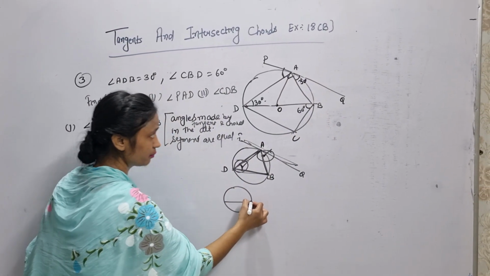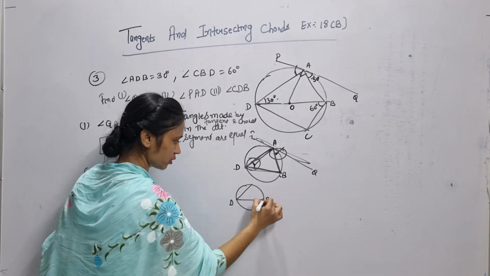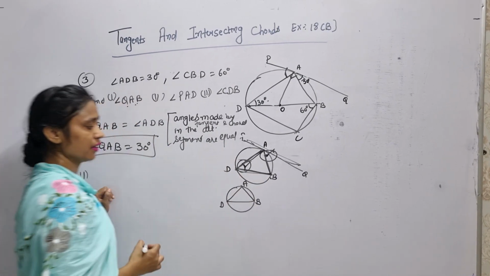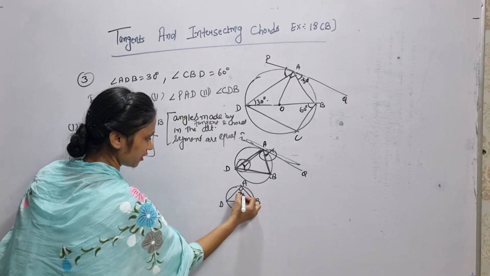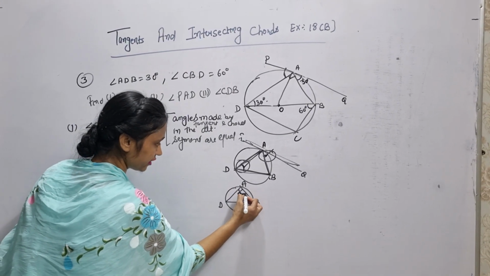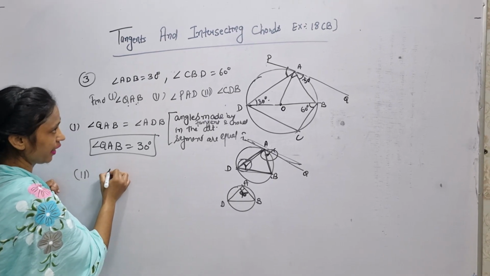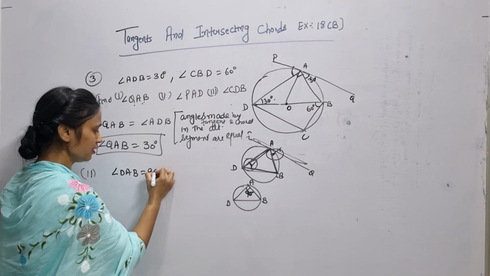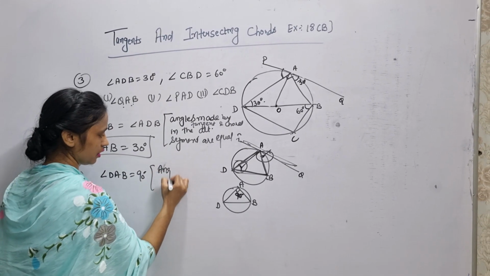BD is the diameter, so the angle subtended by the diameter on the circumference of the circle will be 90 degrees. Angle DAB is equal to 90 degrees because it is an angle in a semicircle.